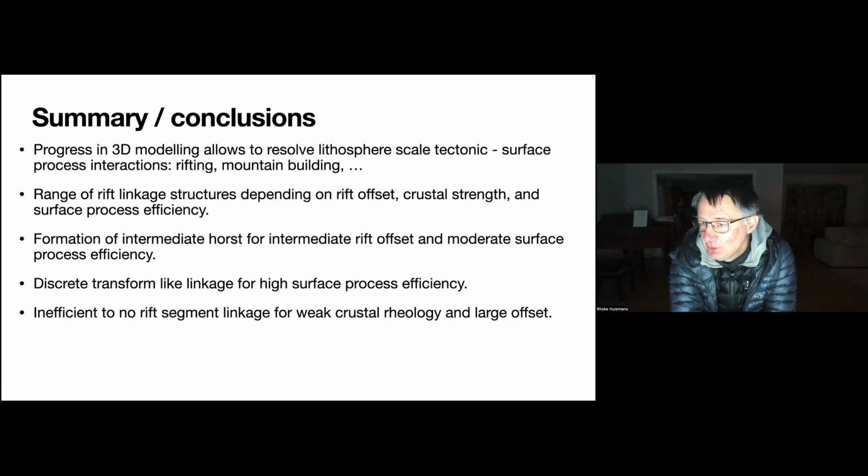It's not like resolution is endless, but at least we can use these models now to look at various aspects of rifting, mountain building, tectonics, surface processes, etc. Furthermore, what you've seen is that we have a range of rift linkage structures that depend on offset, crustal strength, surface process efficiency, and other things that I'll leave you to read.